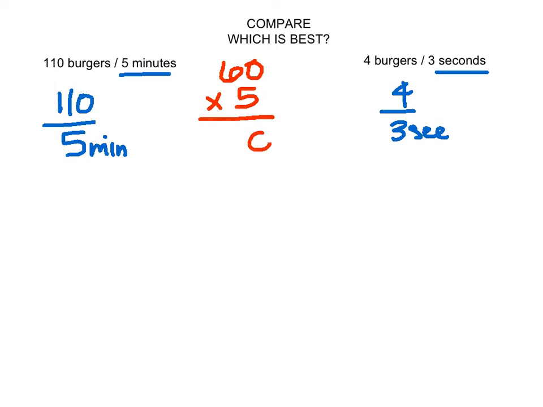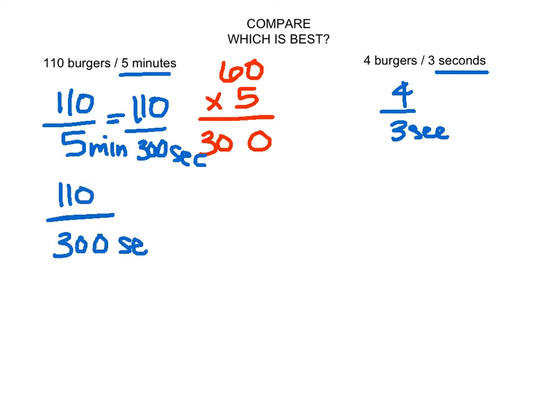So 5 times 0 is 0, and 5 times 6 is 30. So this fraction here, this 110 in 5 minutes, can also be written as 110 in 300 seconds. It's the same thing. So I'm going to rewrite it down here.